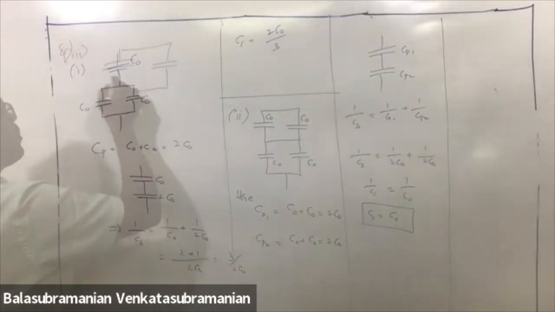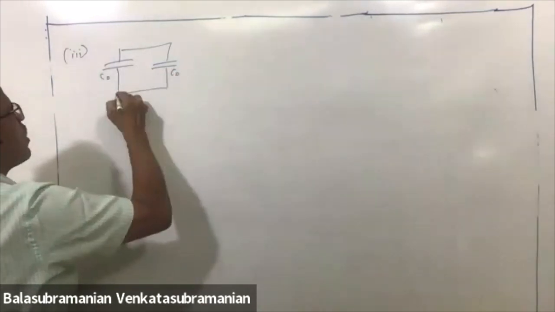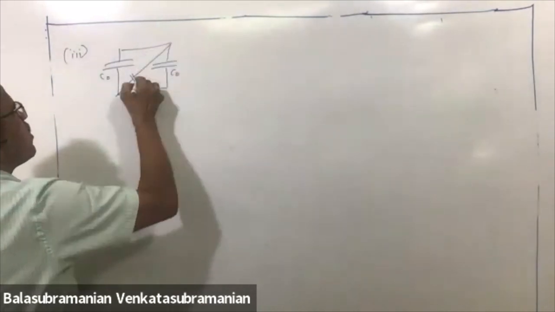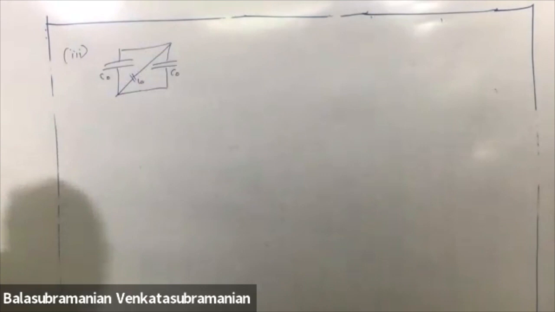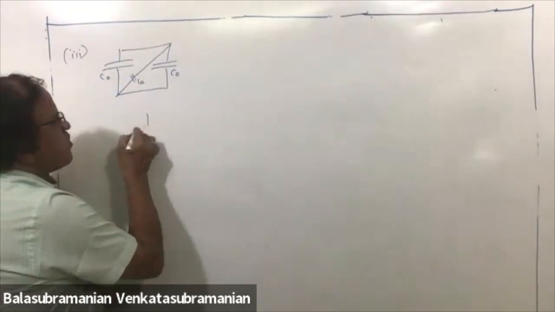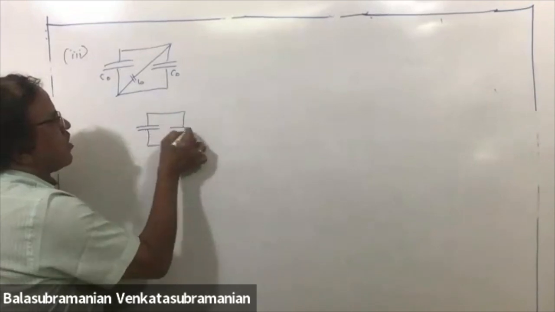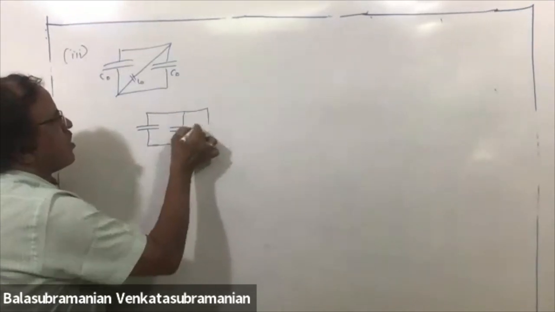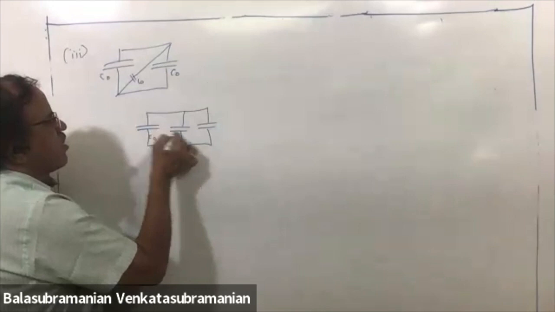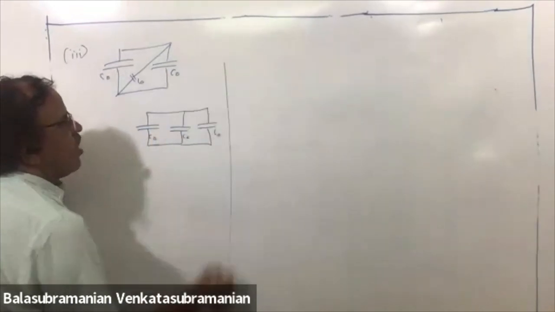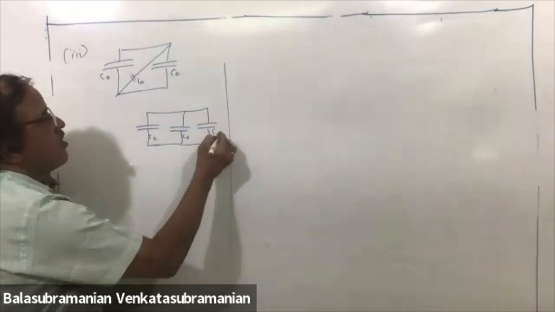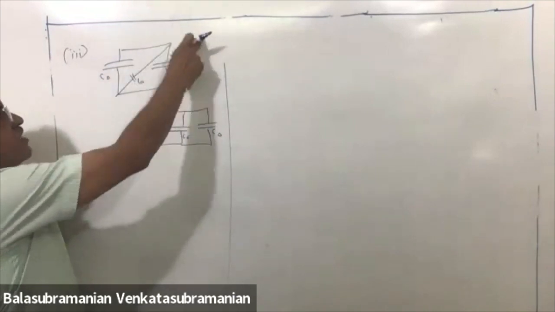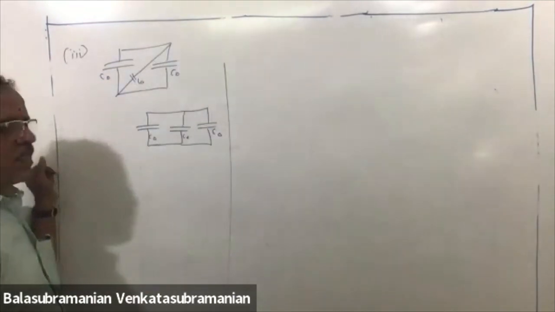Third, two capacitors C naught, C naught across the diagonal, and one C naught. Simple. C naught, C naught, C naught, all are parallel. Anything you can do.